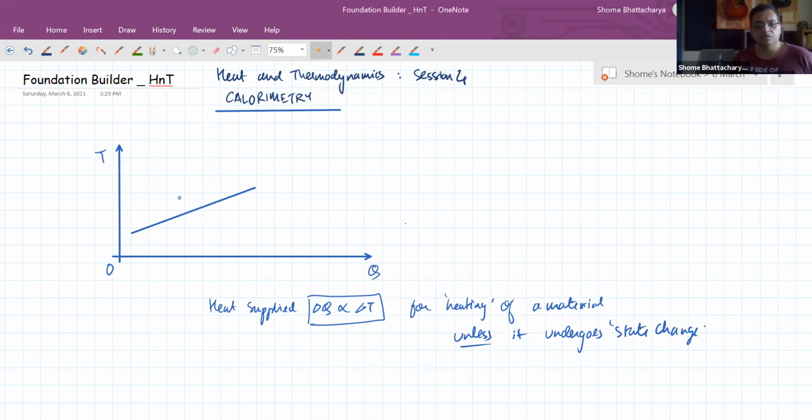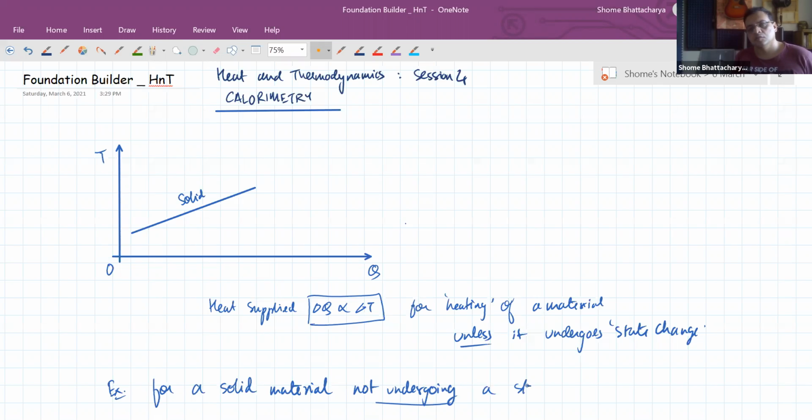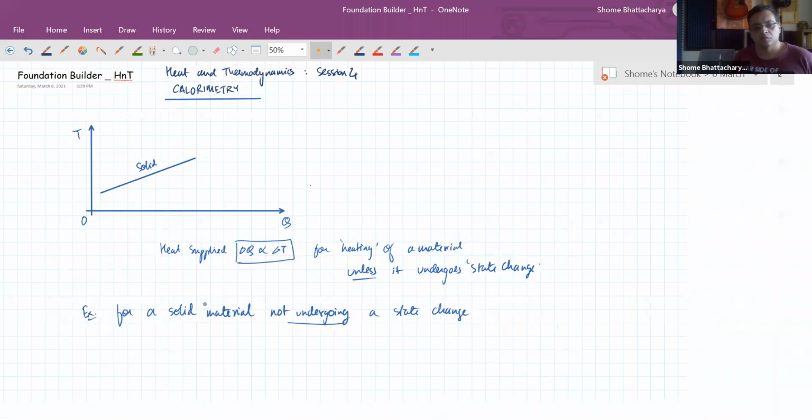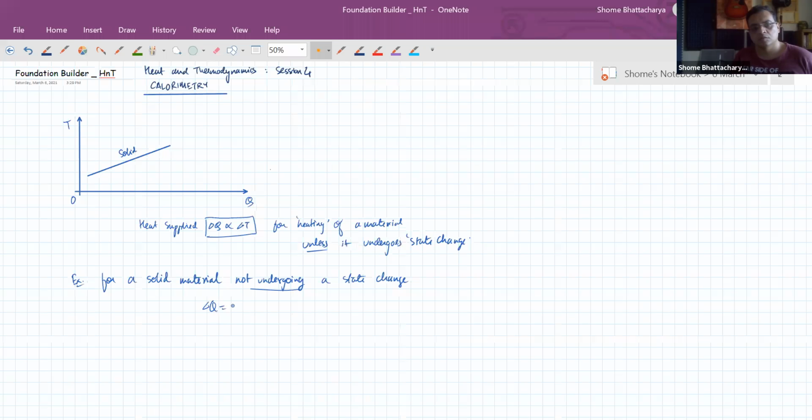That is, for example, if this is a solid material not undergoing a state change, the exact relationship between the temperature change and amount of heat supplied is this, where M is mass, S is called the specific heat capacity.